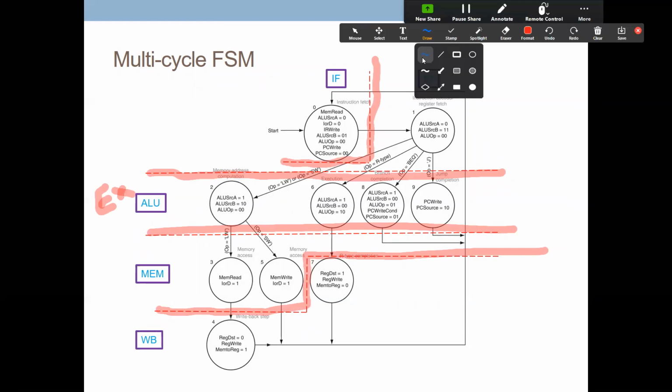Now what you will see إنه أول 2 stages they are common للكل. So if we start from here, we start with state 0, we go to state 1. هلا هدول they are still common لكل الانستراكشنز. So انت fetching الانستراكشن ما له علاقه بنوع الانستراكشن، انت رايح على الميموري معك ادرس وبدك تجيب الانستراكشن الموجوده فيه. Nothing has to do with the instruction type.